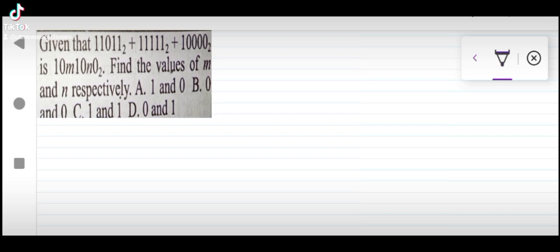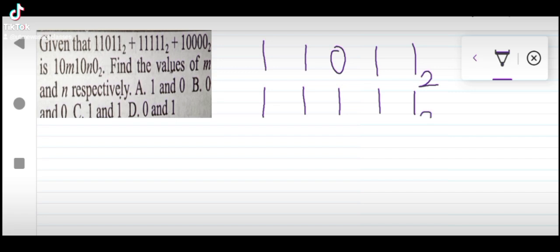This is the next question, and it says, given that 1101111011 base 2 plus 1111111111 base 2 plus 10000 base 2 plus 00001 base 2.